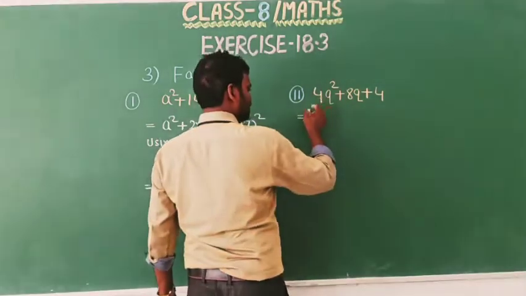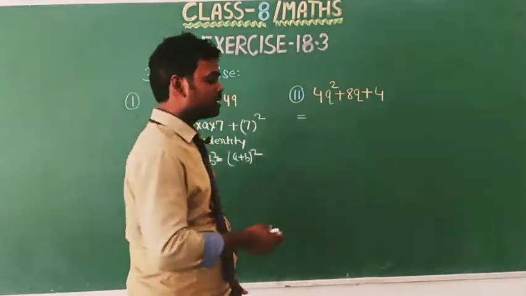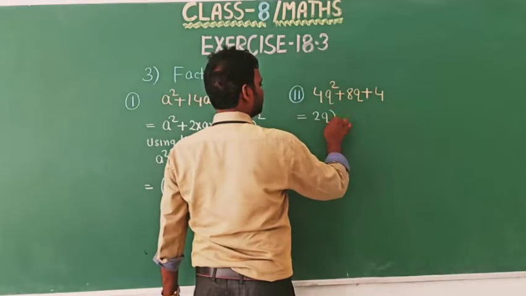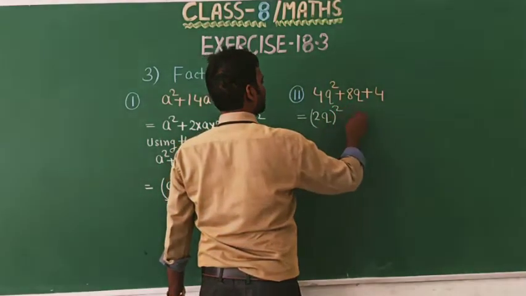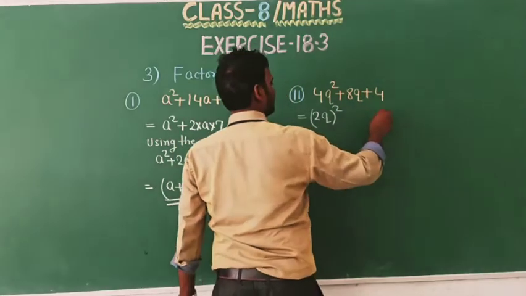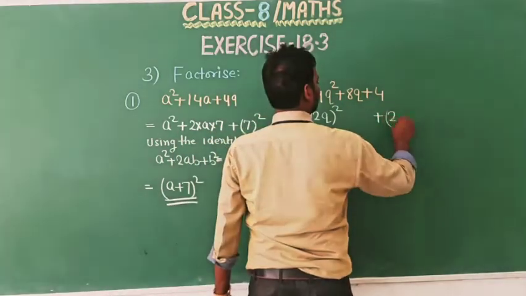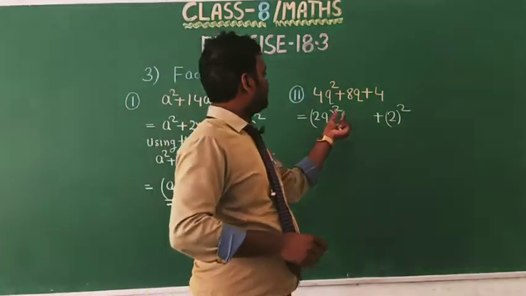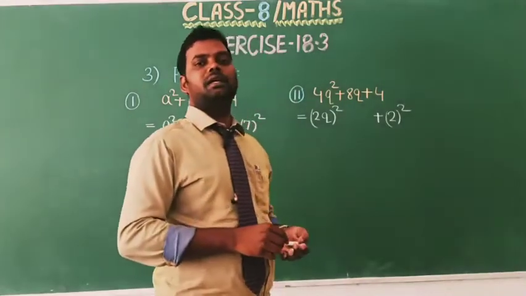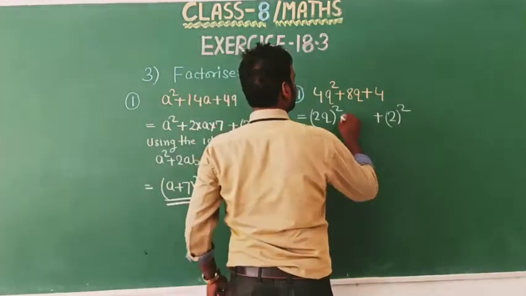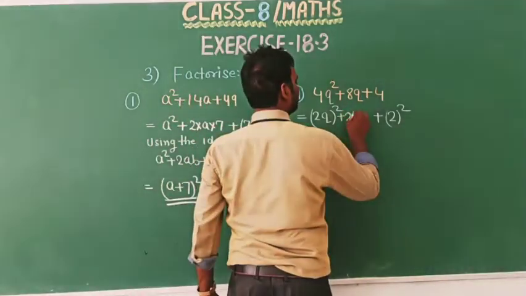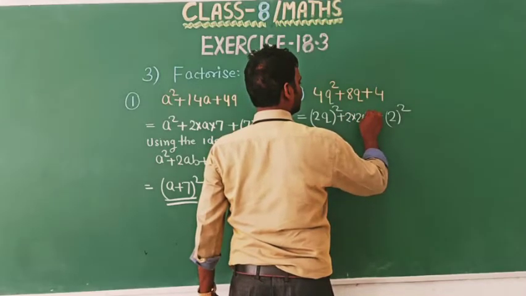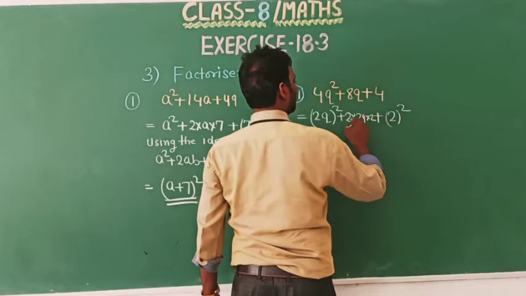So this can be written as 2q whole square plus 2 square, and the middle term can be written as the product of 2 into 2q into 2.